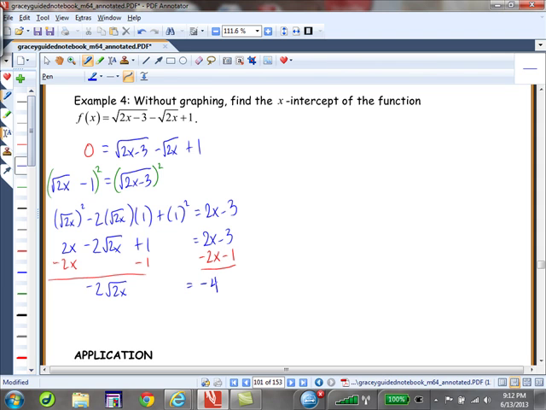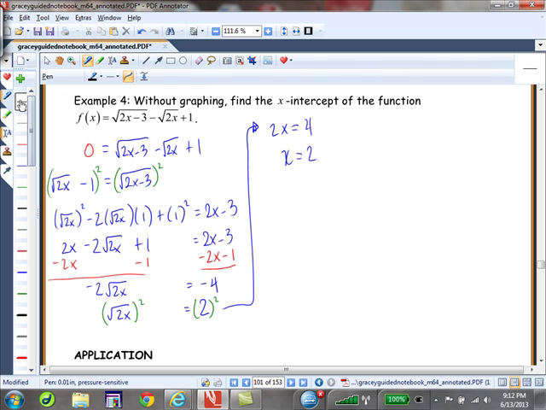So I'll end up getting negative 4. And if I now divide both sides by negative 2, I'll get a positive 2 on the right side. And then I just go and square both sides, and we will get 2x is equal to 4, so x is equal to 2.